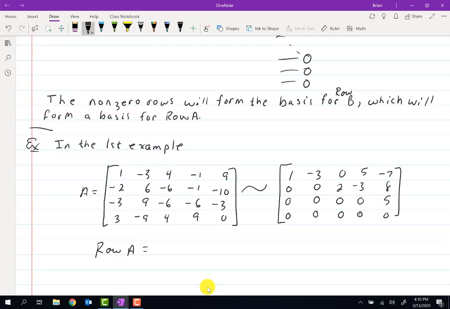So it'll be the span of the three non-zero vectors: (1, -3, 0, 5, -7), (0, 0, 2, -3, 8), and (0, 0, 0, 0, 5).